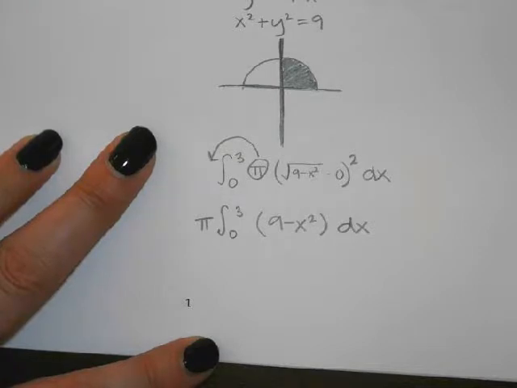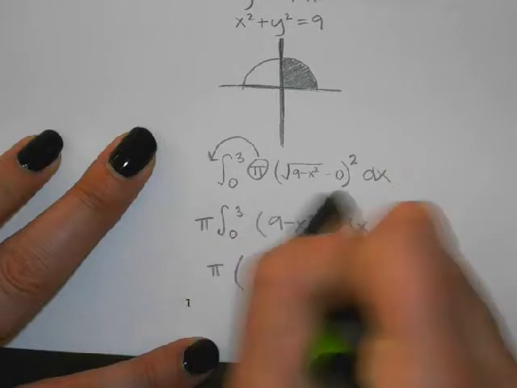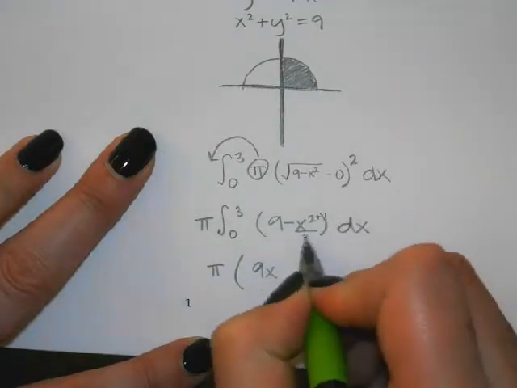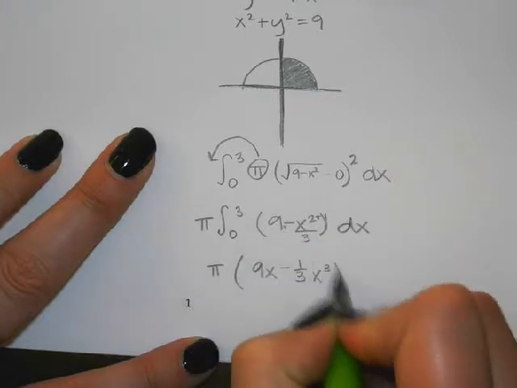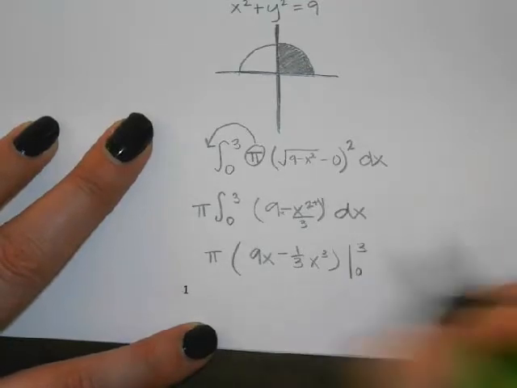Antiderivative. So don't forget to do the antiderivative. So keep the pi in the front, and then we've got 9x minus 1/3 x to the third, evaluated from 0 to 3.